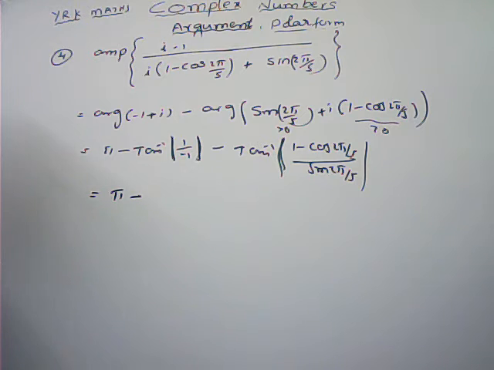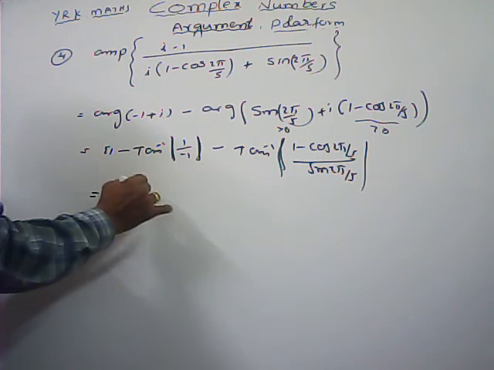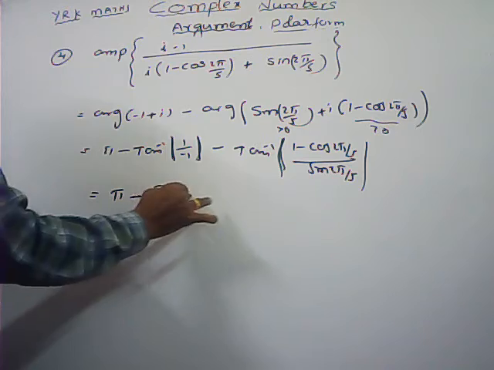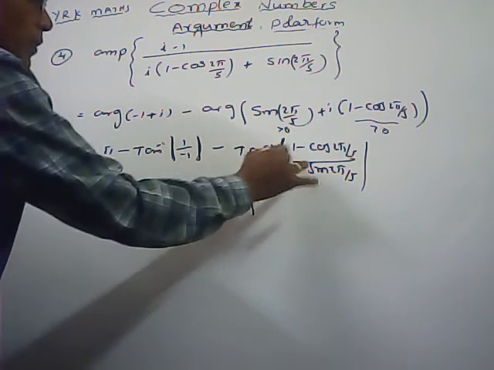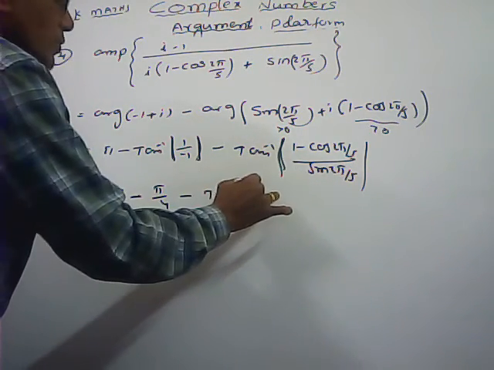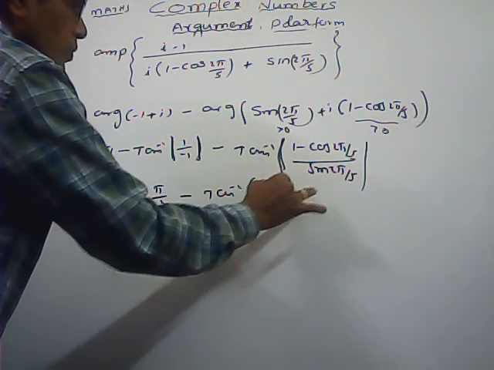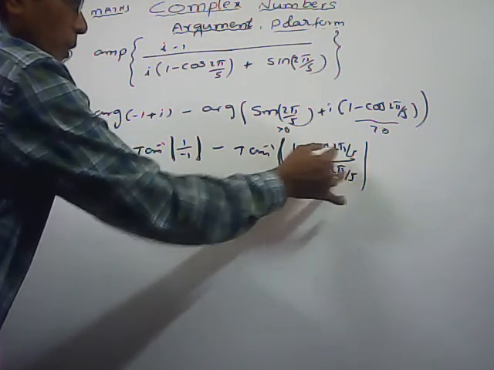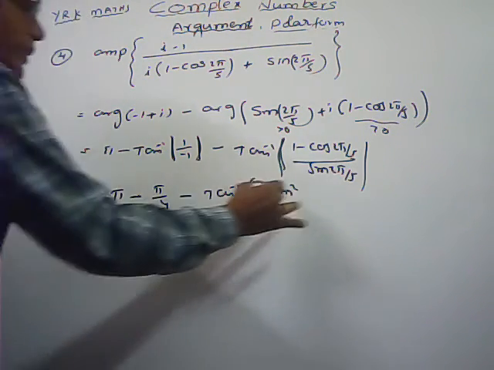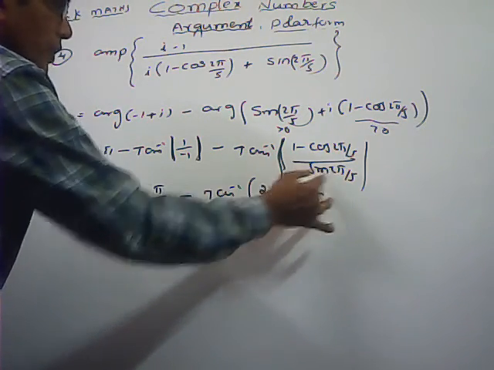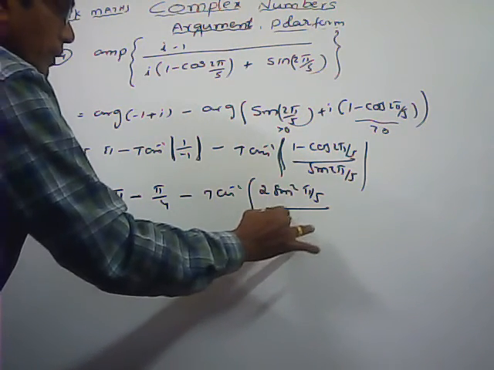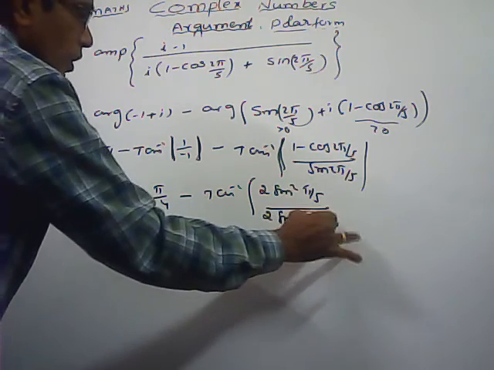Here pi minus tan inverse 1, that is pi by 4, minus tan inverse of 1 minus cos theta, which we can write as 2 sin square theta by 2, over sin theta, which we can write as 2 sin theta by 2 cos theta by 2.